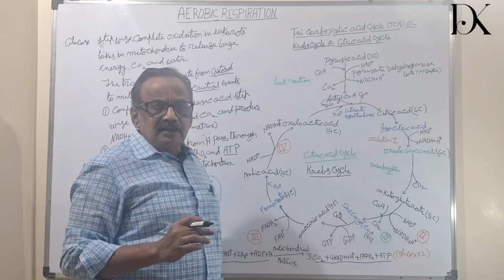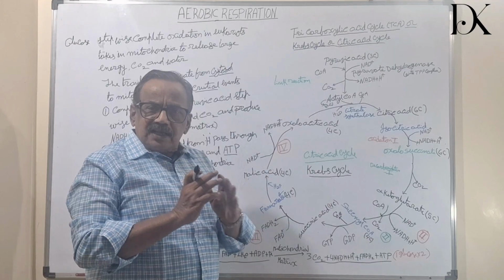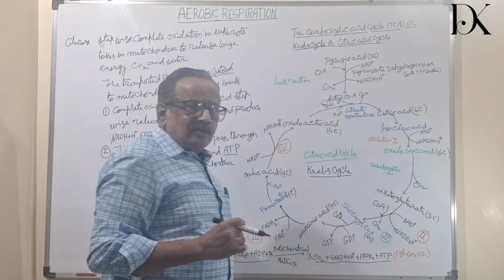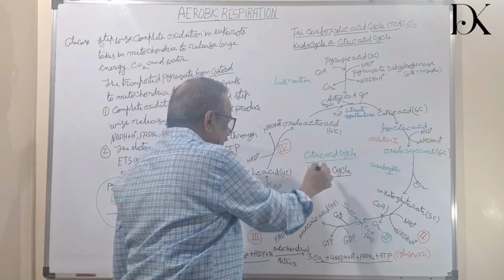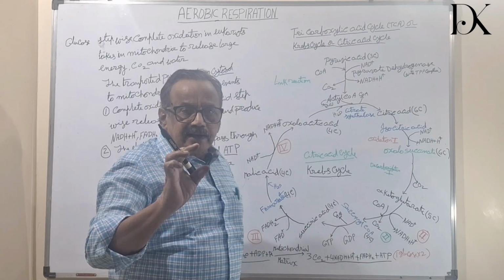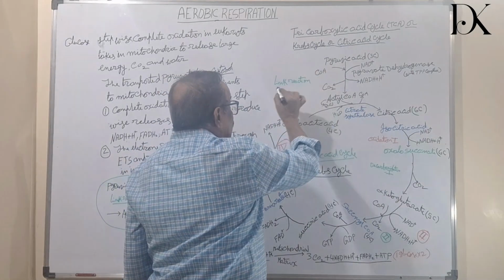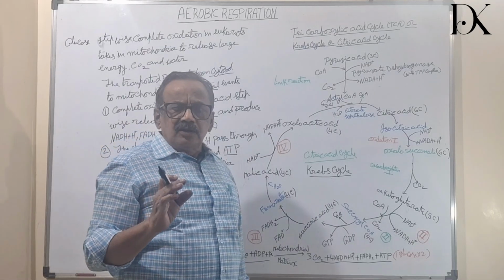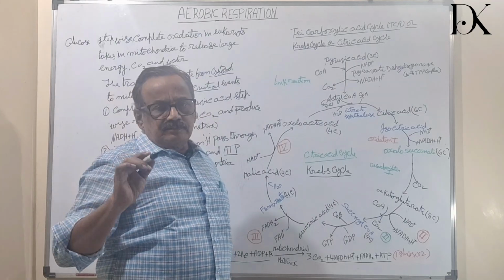In the matrix, pyruvic acid undergoes some reactions and finally forms acetyl coenzyme A, which directly joins the citric acid cycle, Krebs cycle or TCA cycle. That entire set of connecting reactions is called the link reaction. It is not in the textbook, but if you remember it this way, it will be easy for you.